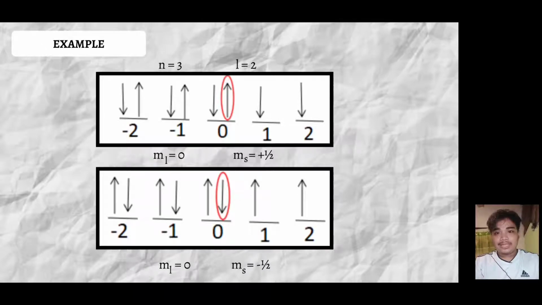So, the last electron is an upspin, which results in m sub s being positive 1/2 and m sub l being 0 because the electron ended in the value of 0. So here is the example.